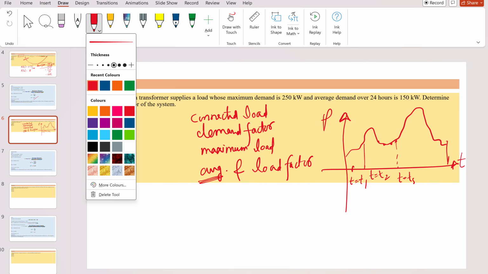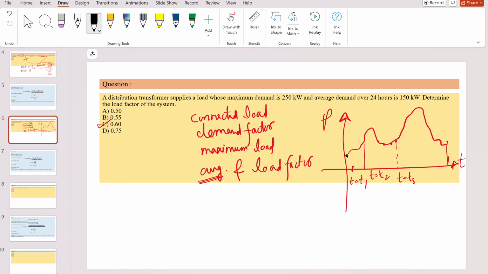Let me take another pen. Suppose this is a certain time, and this, and this. We have interpolated and plotted this daily load curve, so you have different powers at different time frames. So the power multiplied by T1, where this is the T1 time frame of a certain duration. Suppose this is a certain block, no?